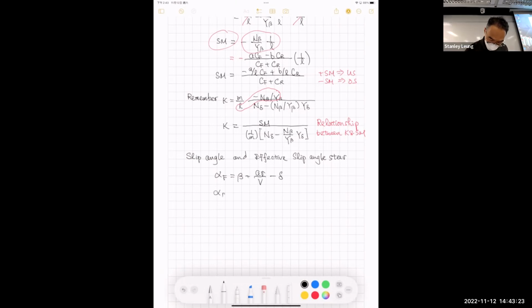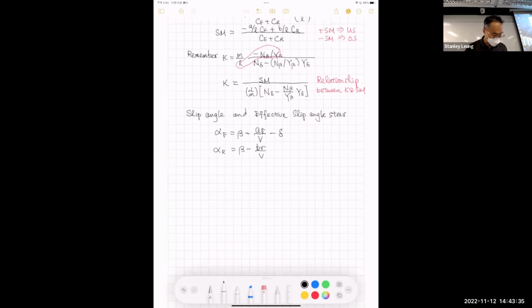Your rear slip angle is beta minus b r over V. This is what we learned in the past, and together they give alpha front minus alpha rear equals minus beta plus a r over V plus delta plus beta minus b r over V.